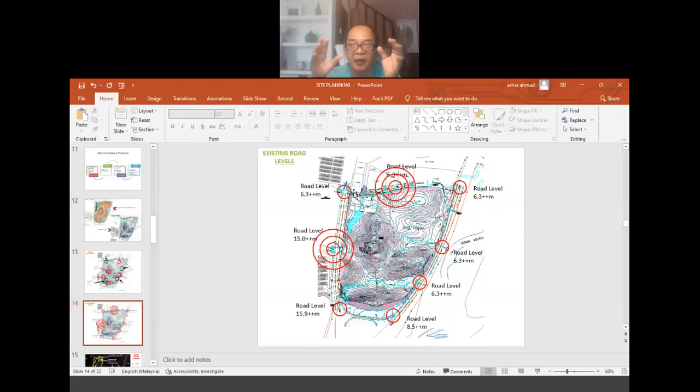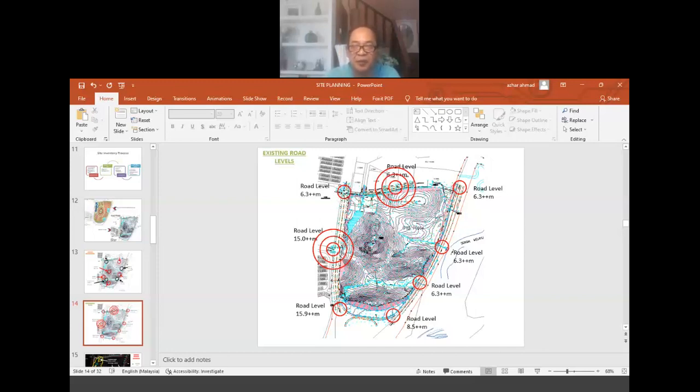So we are now getting much more information, not just the existence of roads around the site, but now we are talking in terms of the levels. And clearly from the road levels, this north part is the lowest level, whereas as we move from the north to the south of the site, the road level increases, and naturally it falls back, slopes down again to about 6.3.